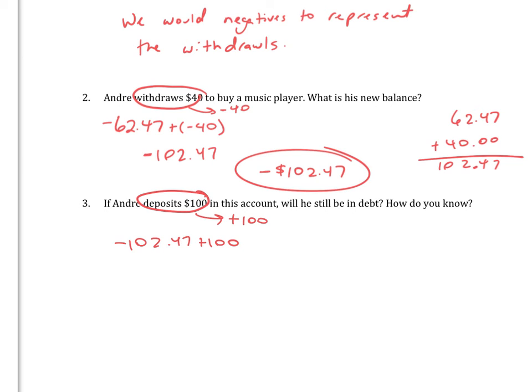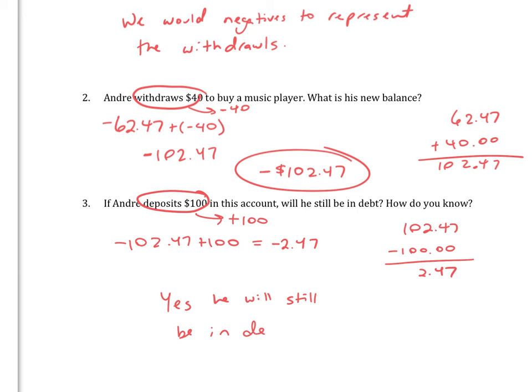So I know that I will not end up in the positive section, so he will still be in debt. You can also go ahead and solve this. The signs are different, so I'm going to subtract. 102.47 minus 100 is 2.47, but because there are more negatives, he's still going to be in the negative section. So yes, he will still be in debt.